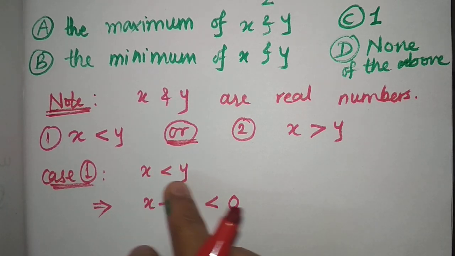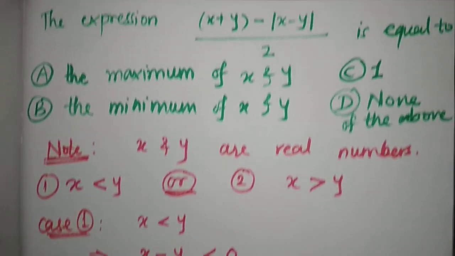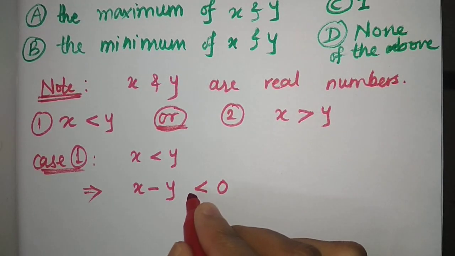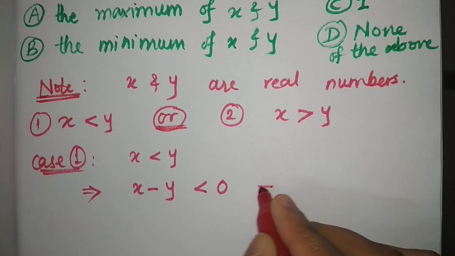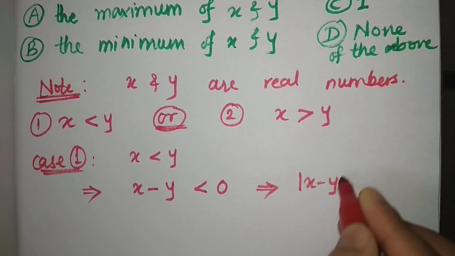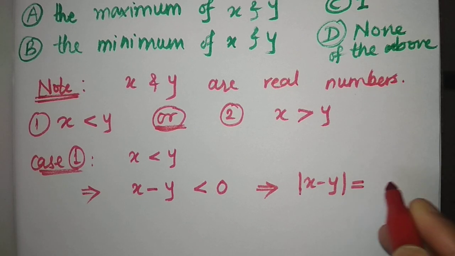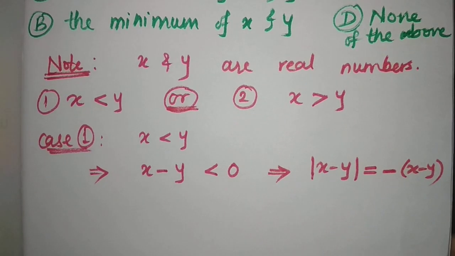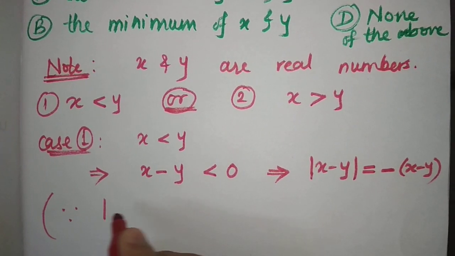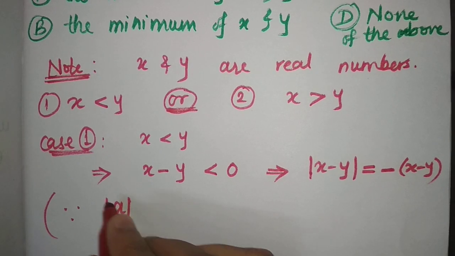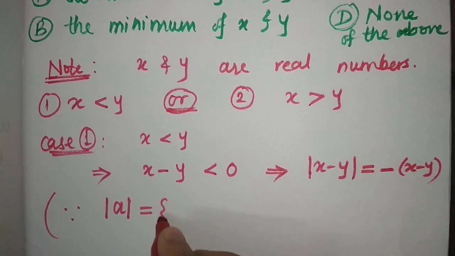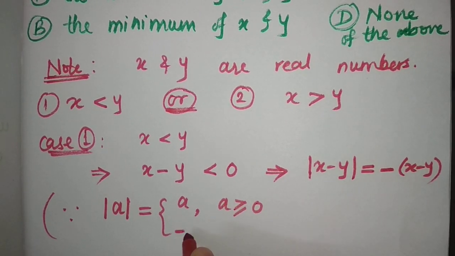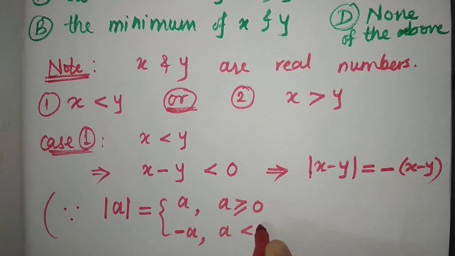Now x − y is less than 0, that means its modulus |x − y|, by the property of modulus function, is equal to −(x − y). Recall that for the modulus of a, where a is a real number, this is equal to a where a is greater than or equal to 0, and equal to −a where a is less than 0.